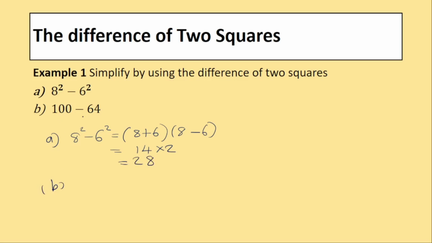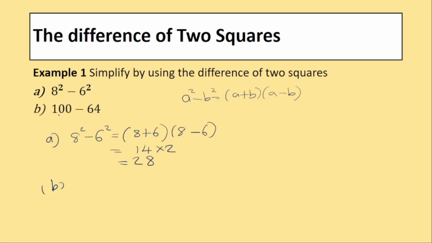In b, notice that 100 has not been squared and 64 has not been squared. So we can't use this fact yet. Notice that 100 is a square number, and 64 is a square number.